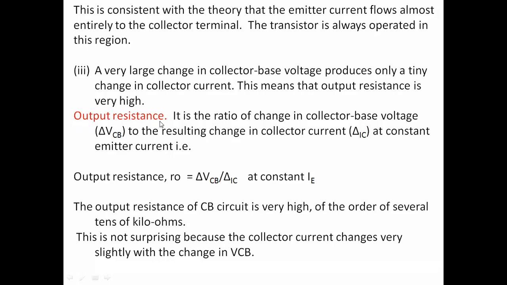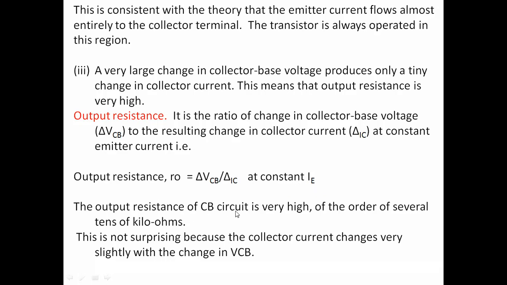Output resistance is defined as the ratio of change in collector base voltage to the resulting change in collector current, at constant emitter current IE. Delta indicates the change. So output resistance RO is equal to delta VCB by delta IC at constant IE.